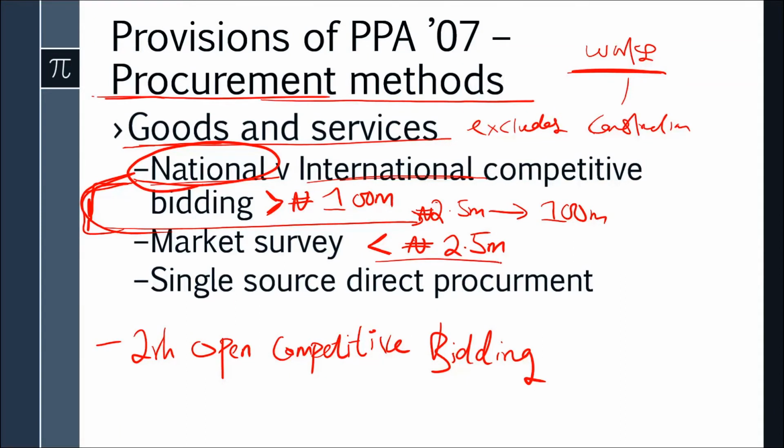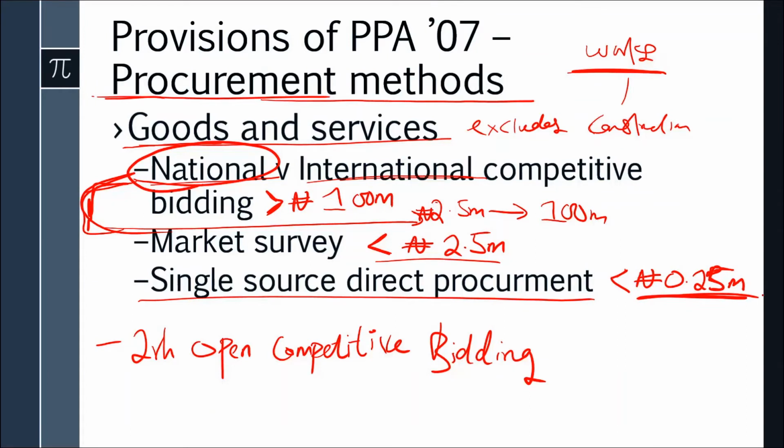for supply of goods. And then single source direct procurement, that is, without even looking for other suppliers, can be done when the contract is less than 250,000 naira.